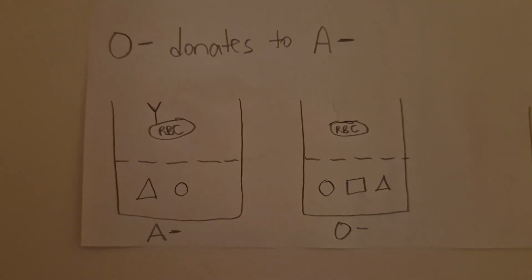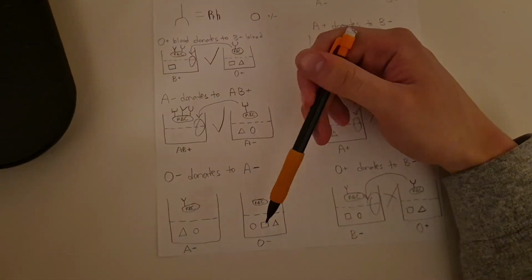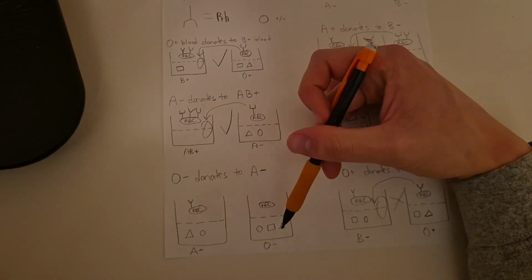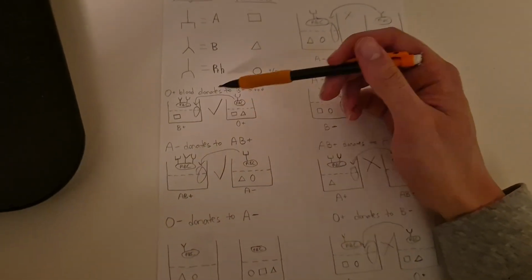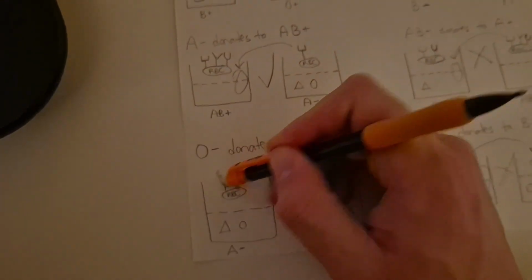So in this example right here with O minus blood donating to A minus blood, we have our O minus blood that has no antibodies on it, but it has all the antigens. And then we have our A minus blood.